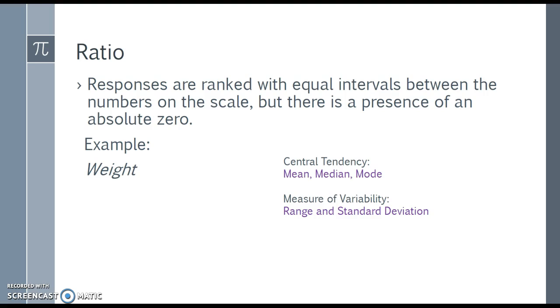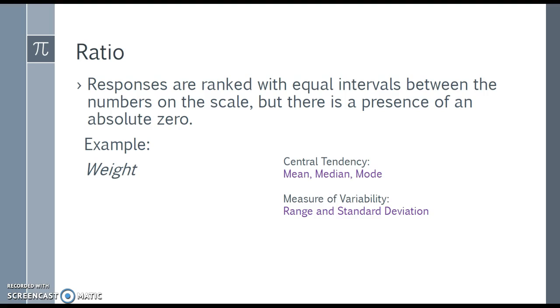With a level of measurement using a ratio, these are responses that are ranked with equal intervals between the numbers on the scale, but there is a presence of an absolute zero. So if we think of weight, for example, there is an absolute zero, and as you begin to look at the intervals, you can always keep in the back of your mind that the scale is moving in the upward direction, but that absolute zero has to be there in order for it to be considered a ratio level of measurement.